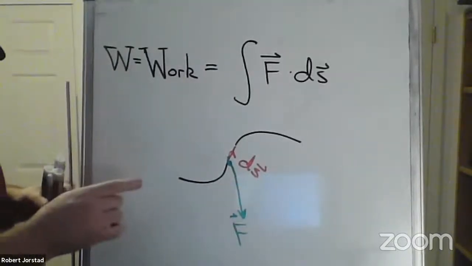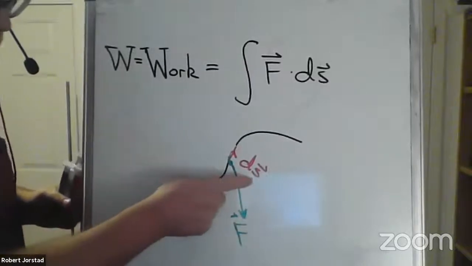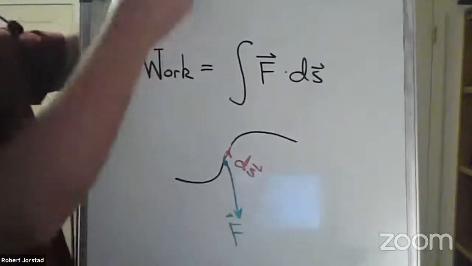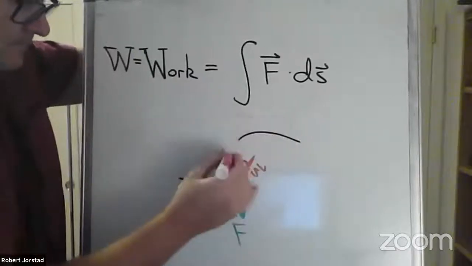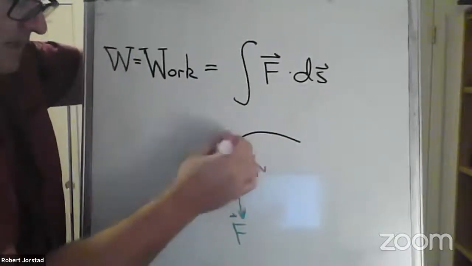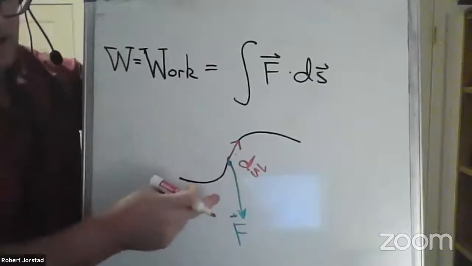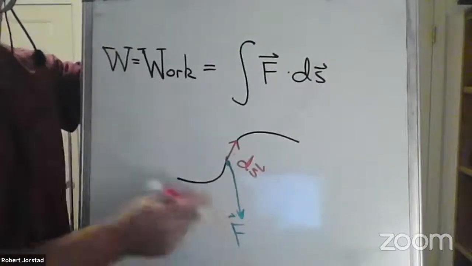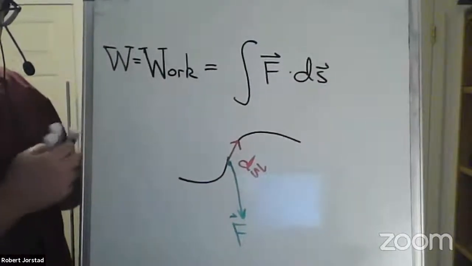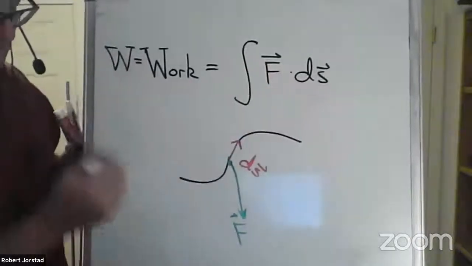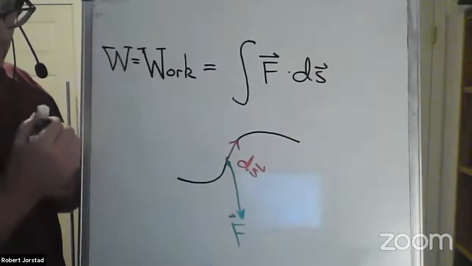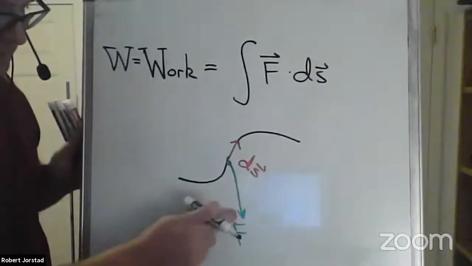But I do want to point out here, look at this angle right here. Let's say this is ds and this is a force, gravity. Is this contribution to the integral positive or negative, or is it impossible to determine?